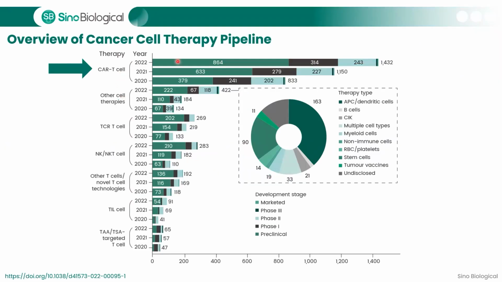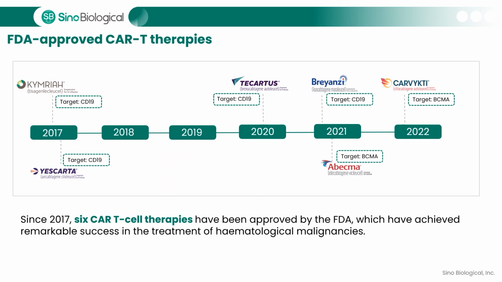In the distribution of cell therapy pipelines under development, we can see that the CAR-T pipeline is significantly leading the clinic compared to all the other immunotherapies. Since the FDA approved the first CAR T-cell therapy, Kymriah, in 2017, there are currently 6 CAR T drugs approved by the FDA, targeting CD19 and BCMA.